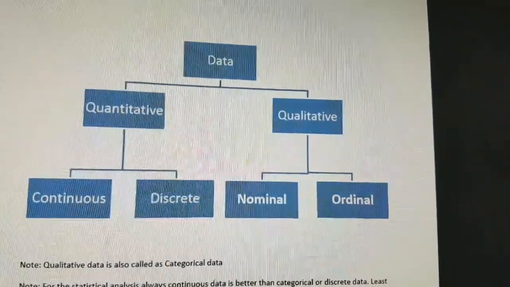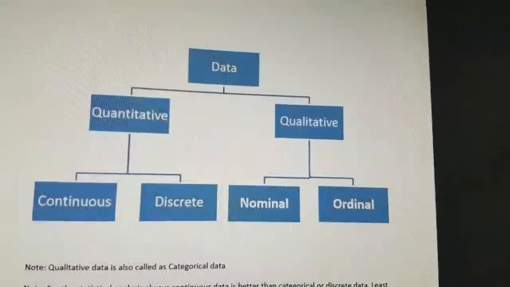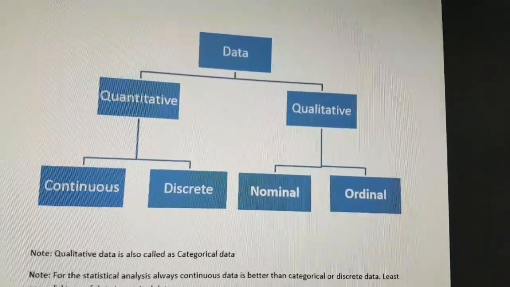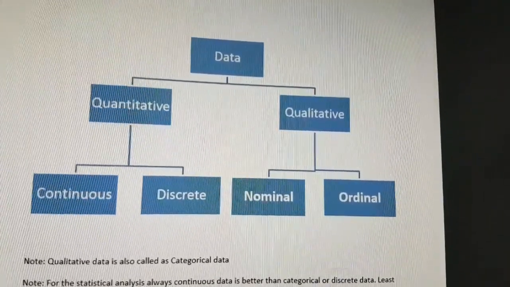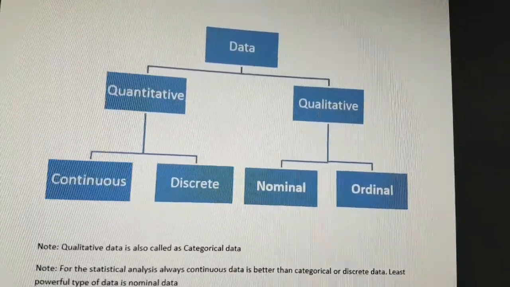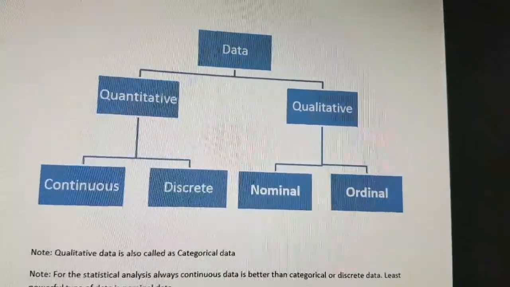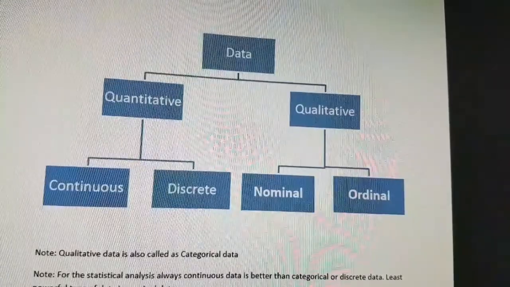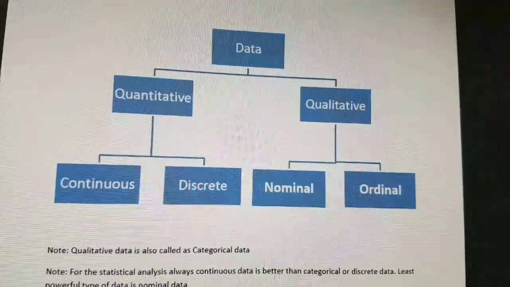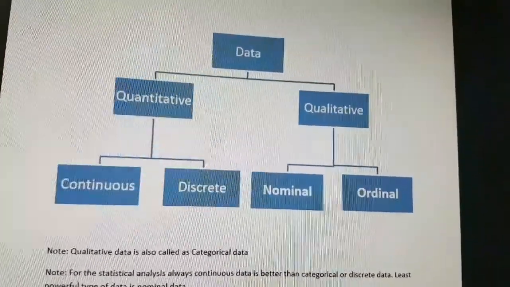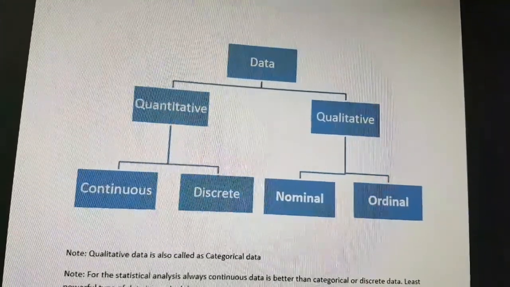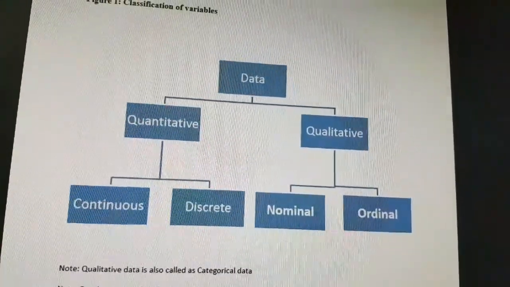For example, number of children in a particular family, it may be 0 or 1 or 2 or 3 or 4. Here we cannot write 1.4 children in a family. There is no meaning for 1.4. One more example for discrete data, number of patients in a particular ward. So all countable numbers come under discrete data. This is the exact difference between continuous and discrete.